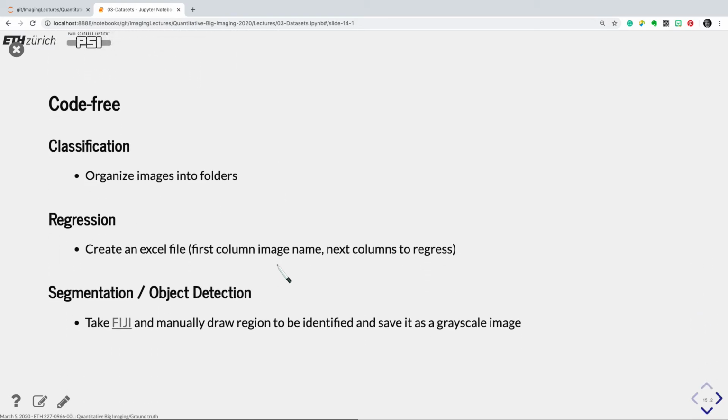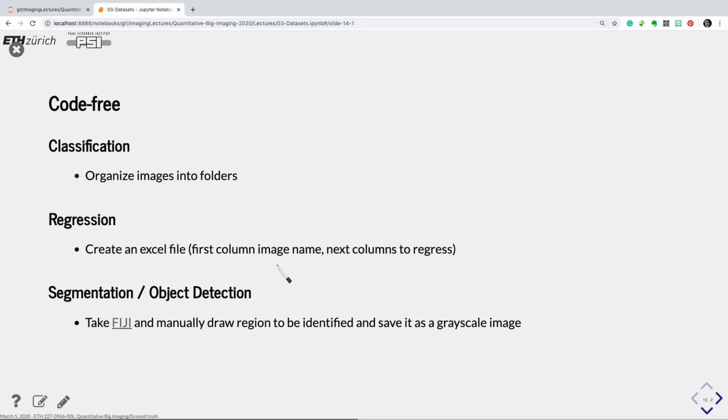There are different ways. There are some free or code-free alternatives. One is to just organize your images into different folders. These are cats, these are dogs, these are birds. That is one way of doing a very rough categorization.